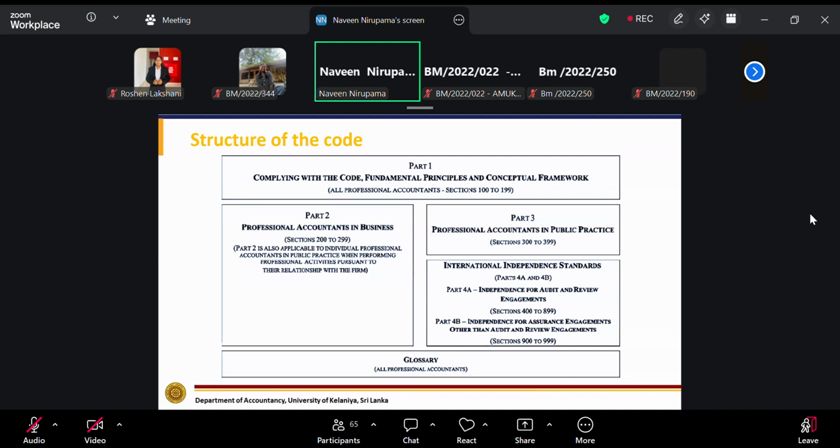The course is divided into four parts. Under these four parts, we have to discuss further what the codes are, how these codes are aligned with the conceptual framework, and how professional accountants use these codes in their businesses, in the private and public sector, and the international independence standards they want to follow. These things we have to discuss with the code and ethics.